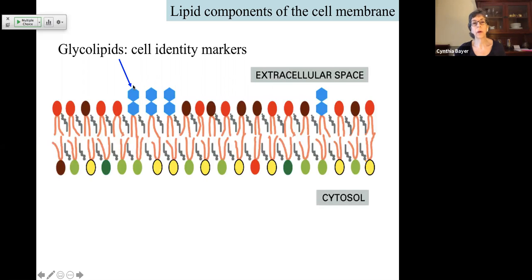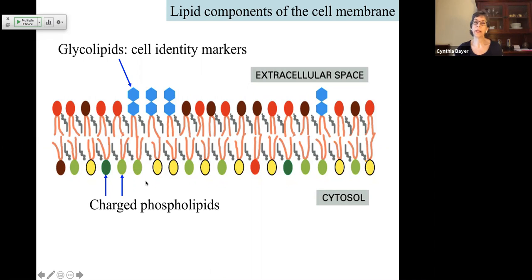Glycolipids, with our little symbol for this six-sided sugar ring, we find on the outside, facing the extracellular space. In contrast, some of the phospholipids on the cytoplasmic side are these charged phospholipids.